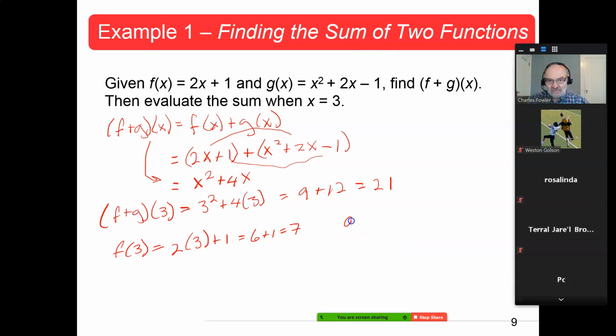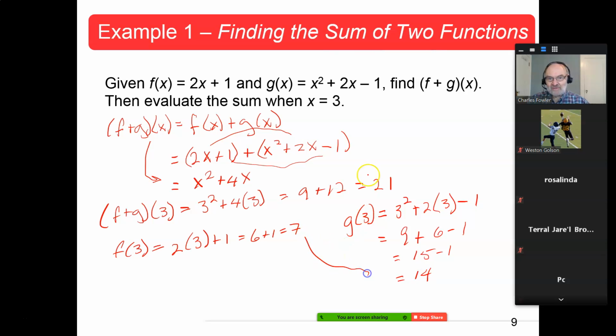There it is. g of 3 would be, boy, that rhymes, doesn't it? 3 squared plus 2 times 3 minus 1. Well, let's see what that turns out being. 9 plus 6 minus 1, that's 15, minus 1 is 14, and guess what? 7 plus 14, sure enough, is 21.